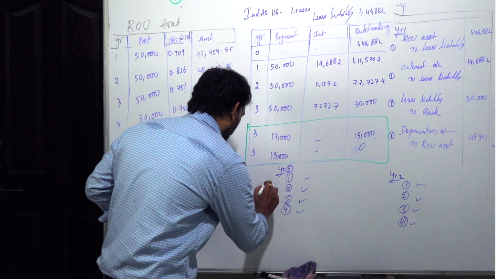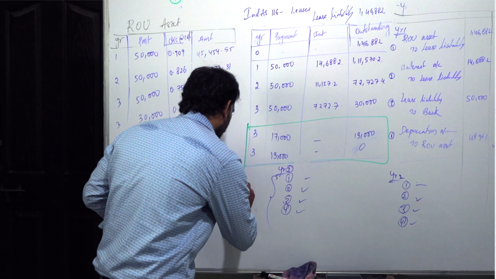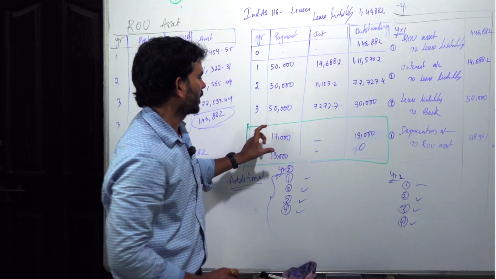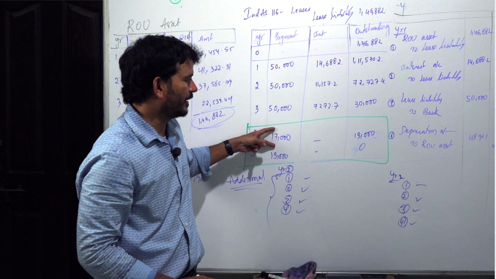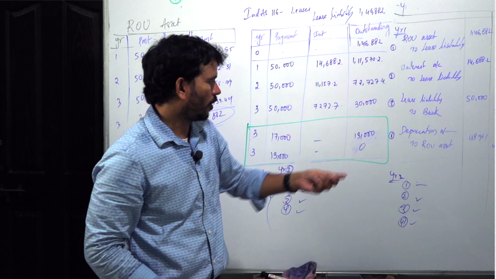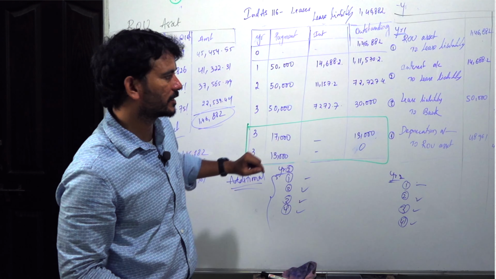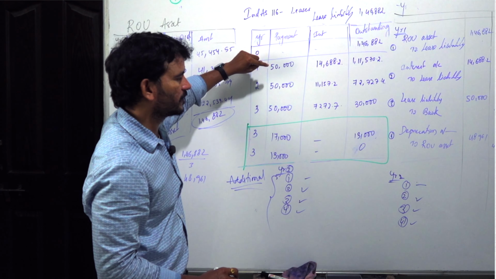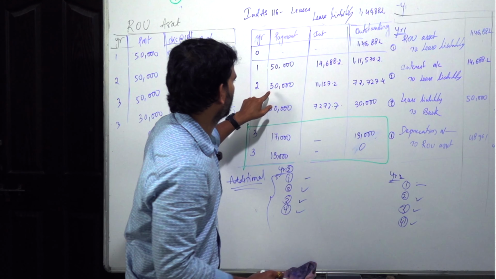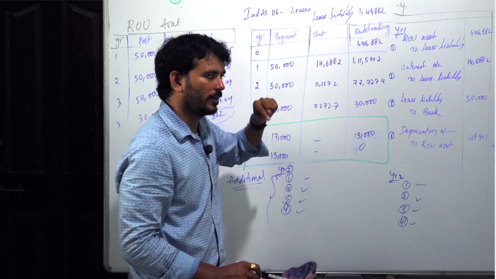But on top of that, you will have a few additional entries for your guaranteed payment. So what is a guaranteed payment? The guaranteed payment we are making is 17,000, right? So what we will do: lease liability is coming down. How much is it coming down? 30,000 value is coming down. See, once we have debited lease liability 50,000, one more time we debit 50,000, the third time we debit 50,000.